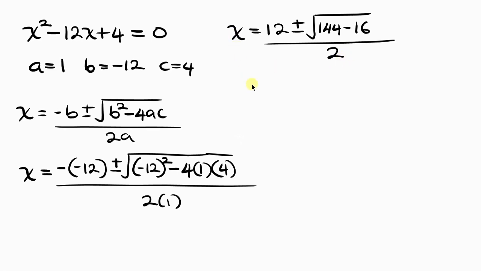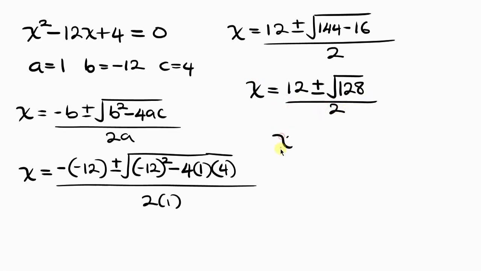So x is equal to 12 plus or minus the square root of, now 144 minus 16 is 128 all over 2.